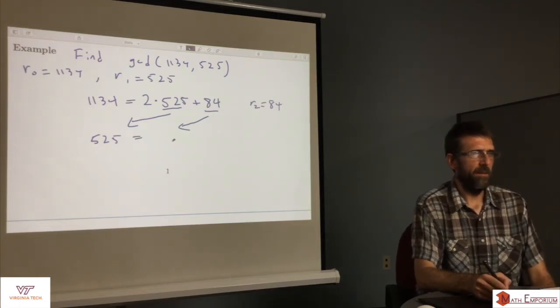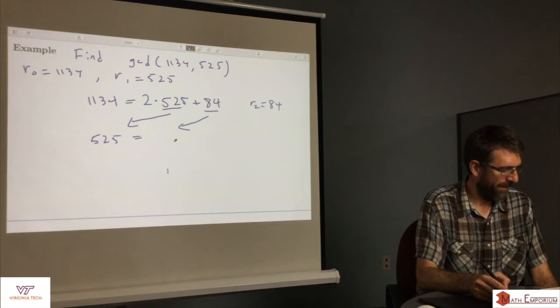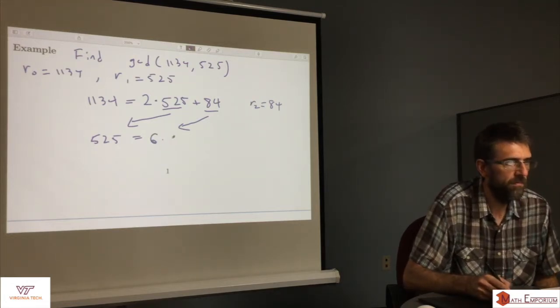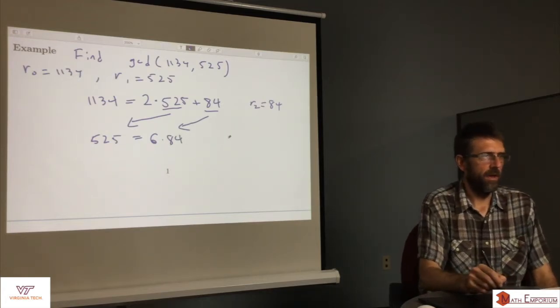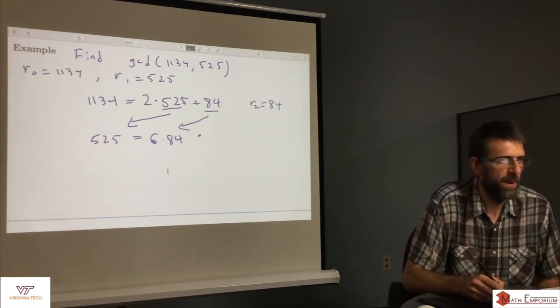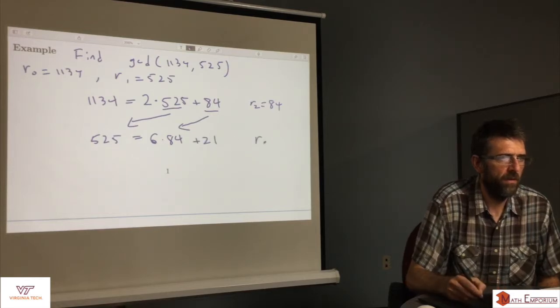Okay, and so how many times does 84 go into 525? Looks like it goes in 6 times. Okay, and 6 times 84 is 504, looks like. So my remainder will be 21. Okay, and so R3 is 21.